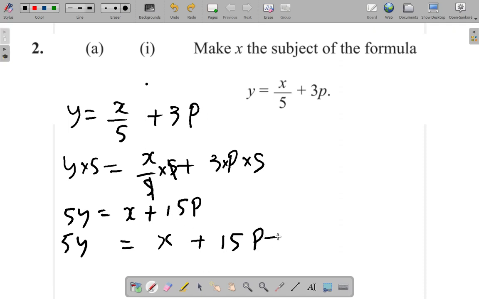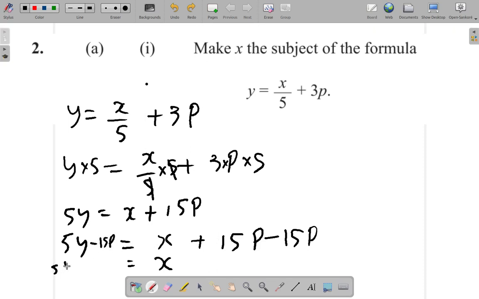So I subtract 15p, 15p minus itself. On the right hand side, I have x alone equal. But then over to the left, I must subtract 15p from the left as well. So minus 15p.